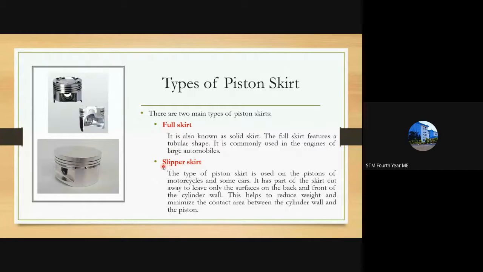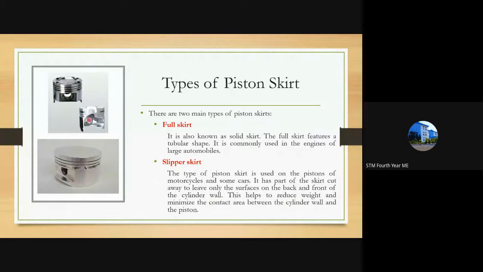In slipper skirt, the piston skirt is used on pistons of motorcycles and some cars. It has part of the skirt cut away to leave only the surface on the back and front of the cylinder wall. This helps to reduce weight and minimize the contact area between cylinder wall and piston. So you can see the difference here itself. There is a cut section.